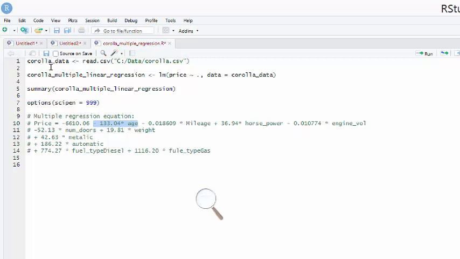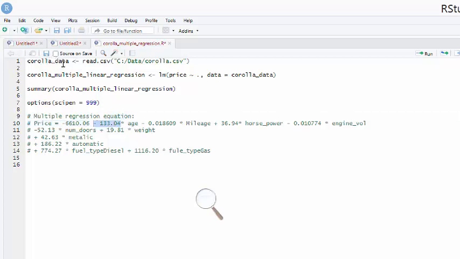The slope is negative 133.04. How do I interpret that in plain English? Yeah, exactly, right? So if age goes up by 1, and in this case, I believe in the file, ages are months. So if the car gets older by 1 month, then its value changes by this much.